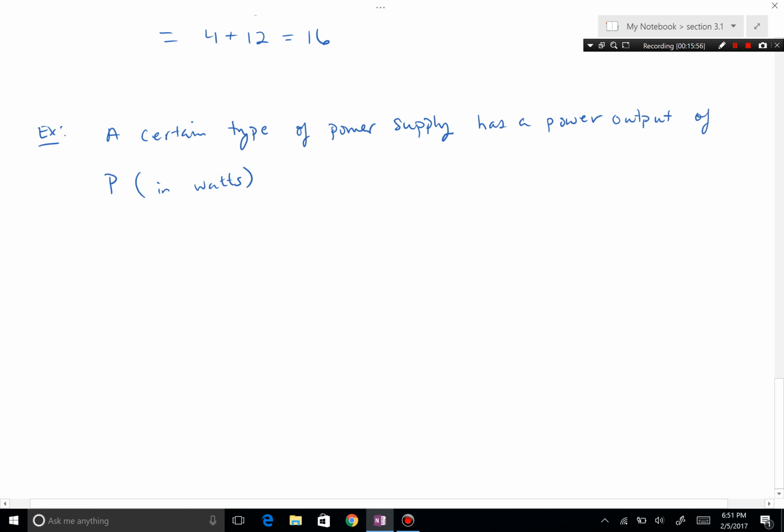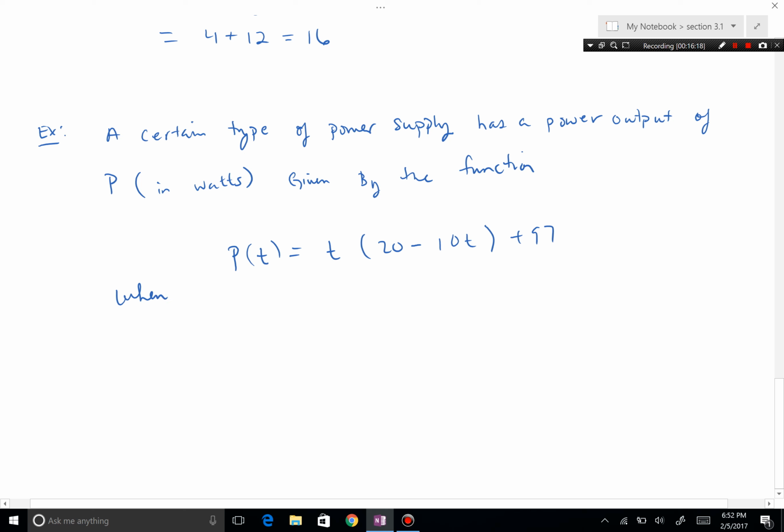Power is normally measured in watts, given by the function. And here's your function. Obviously, it's going to be something quadratic since that's what we're talking about. P of t equals t times 20 minus 10t plus 97.